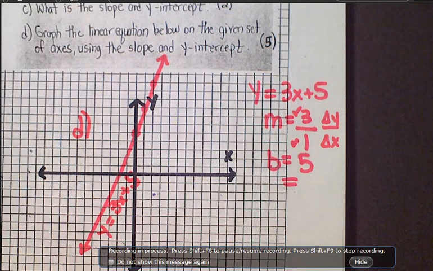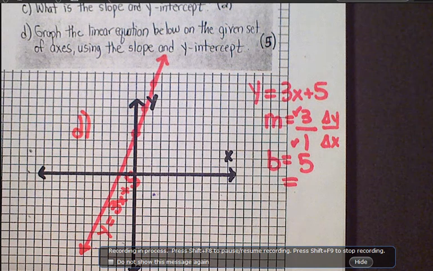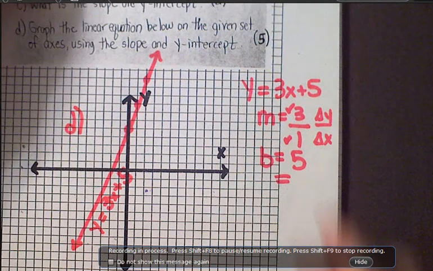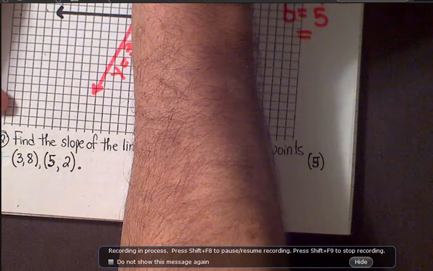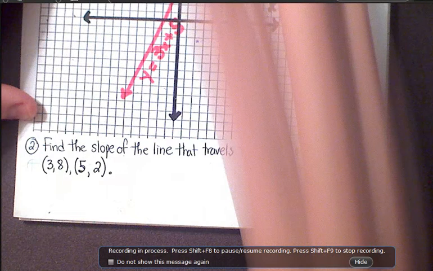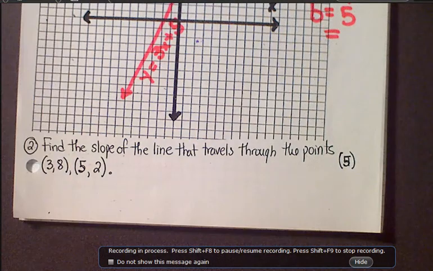And then finally, not E, but number 2, which is on the bottom. Number 2 was to take a look at 2 points on a line, and we are going to try to find the slope of that line given these 2 points.